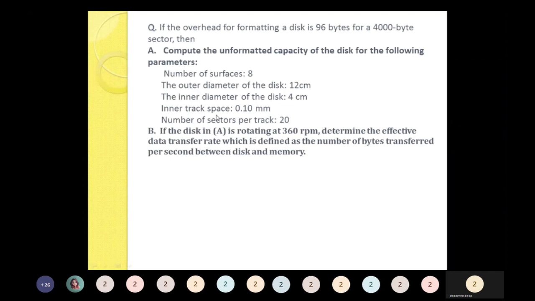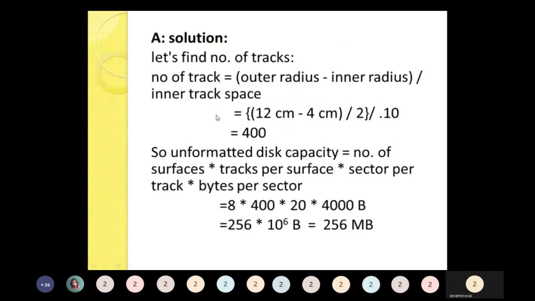So here the solution is given for A. That is, first, the unformatted capacity. To calculate the unformatted disk capacity, everything is based on a formula.